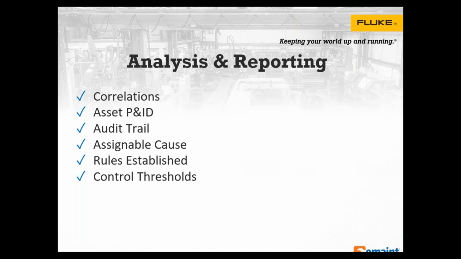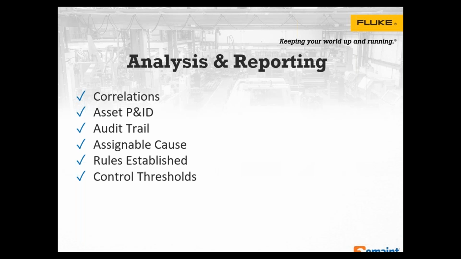This is where it comes into predictive analysis of the data. There are many complex types of things that can happen as far as trending is concerned, what we call trend rules. There could be so many consecutive points on the same side of the center line. There might be consecutive points steadily increasing or decreasing, points alternating up and down.